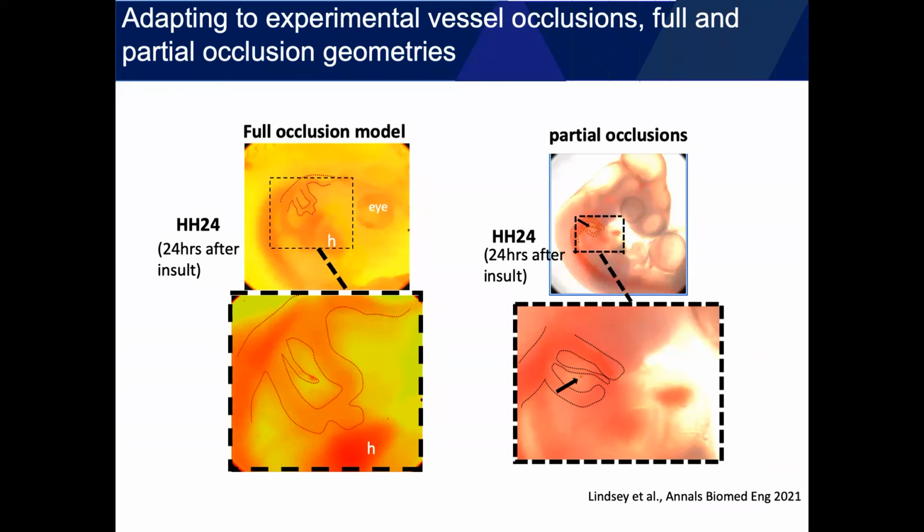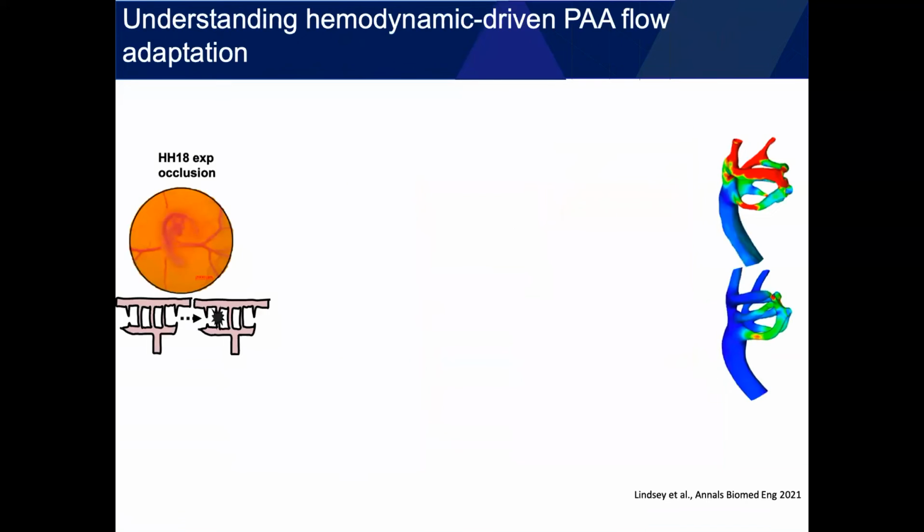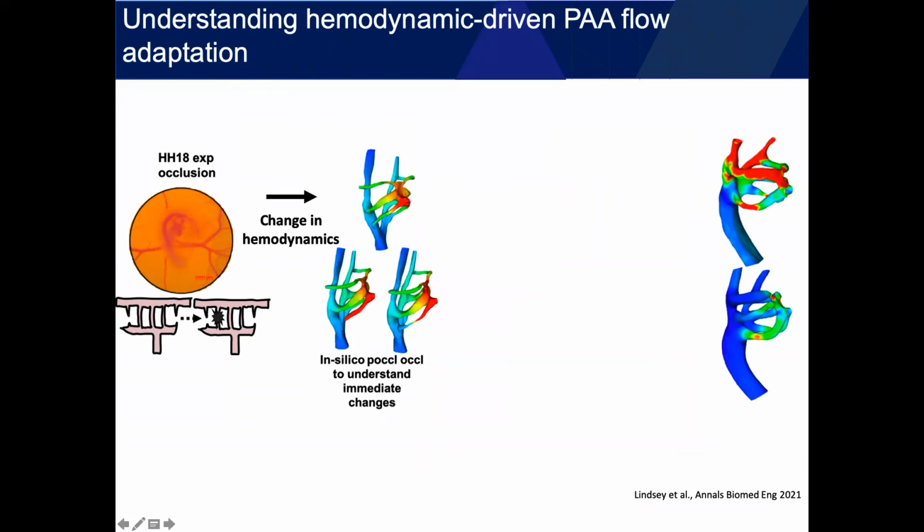So we're able to compare these occlusion experiments with our in silico perturbations. For the in silico perturbations, we did both full and partial occlusions, but the embryo is not able to remodel.